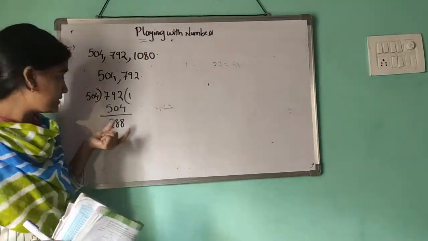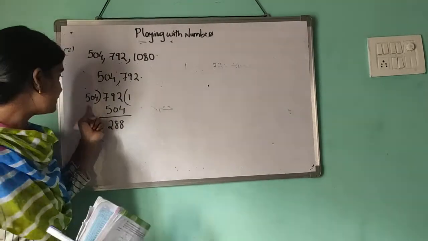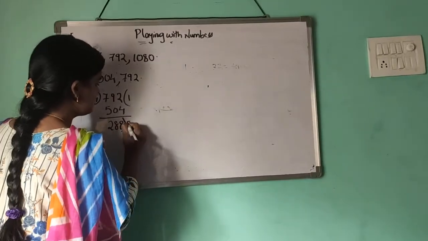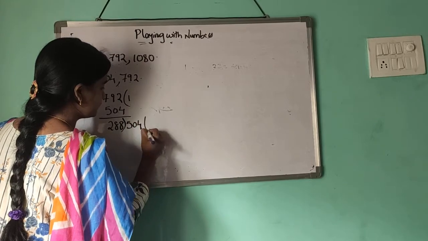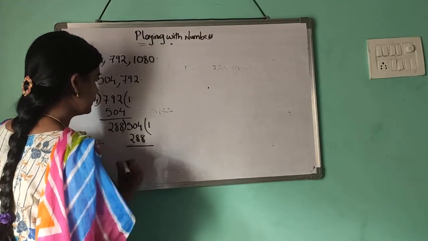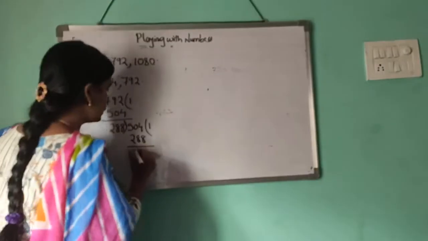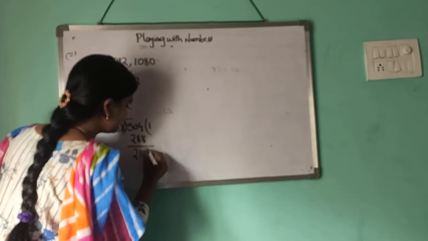So next, the divisor is divided by the remainder. 792 minus 504 equal to 288.